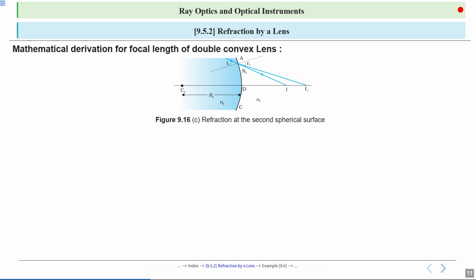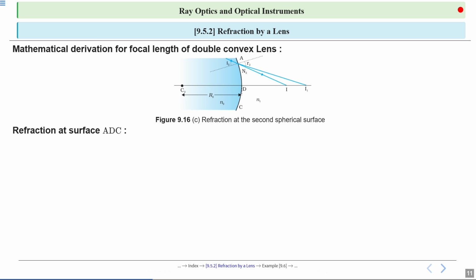After refraction from this point, it will meet at I. So this is the image I1 formed if ADC were not present. It is the intermediate image, or we can say the virtual object for this surface. This is not an actual object; this is a virtual object for this surface.